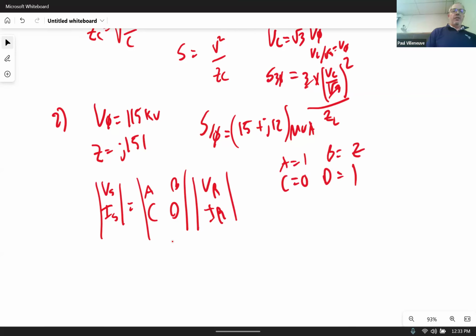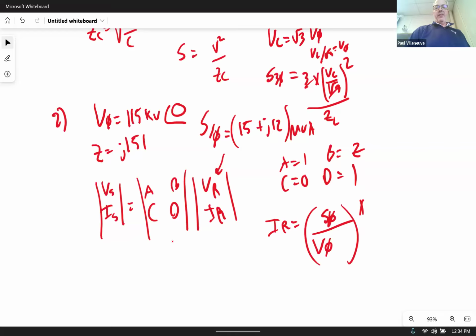Now the only thing you need to do is solve for VR. That's the phase voltage, so that's at an angle of 0. And IR, you get from S single phase divided by V phase, and you take the conjugate of that. You would get both VS and IS to solve that.